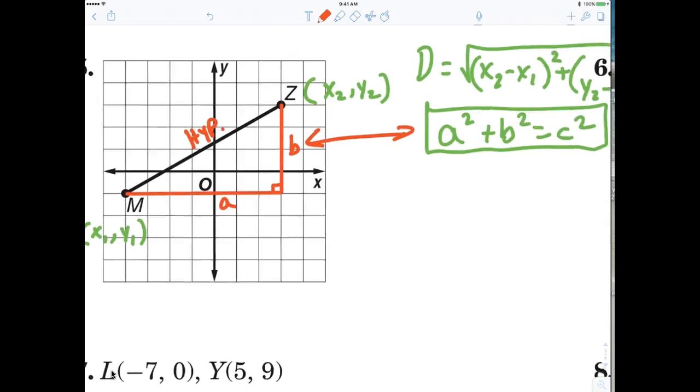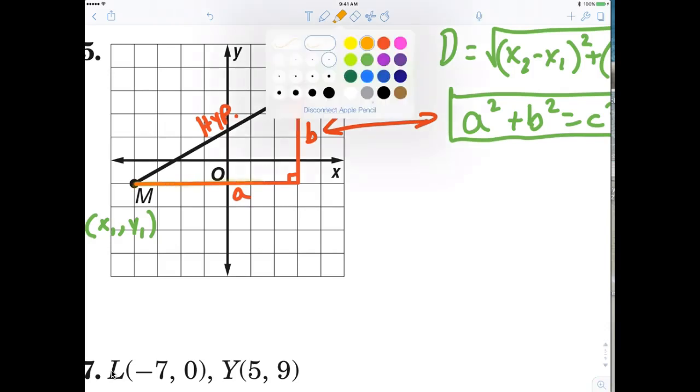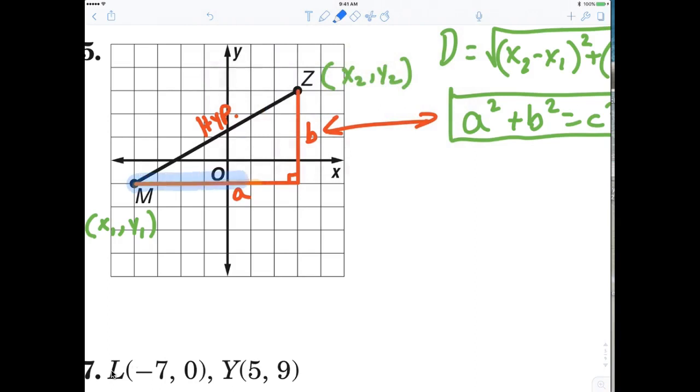All right. So now I'm going to move to this part. What is this distance from here to here? I'm not asking you to count, I'm asking mathematically, what is that distance?